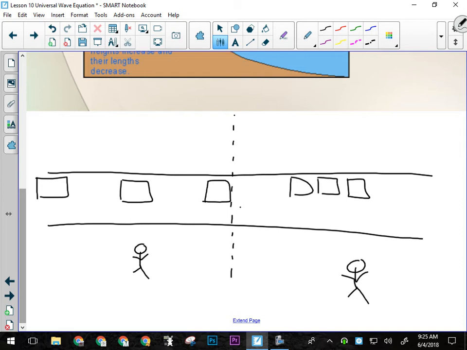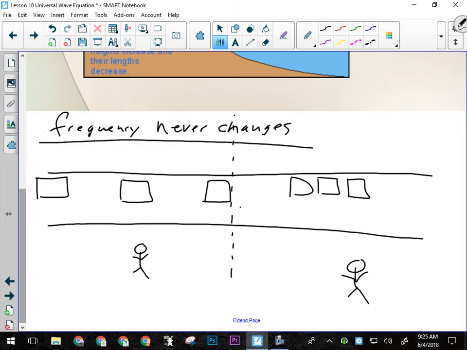All right, so important thing to know here, and you're going to need to write this down. I'm going to tell it to you like a dozen times today, but frequency never changes. Wavelength, speed, they'll change. Direction, that'll change. Amplitude, that'll change.